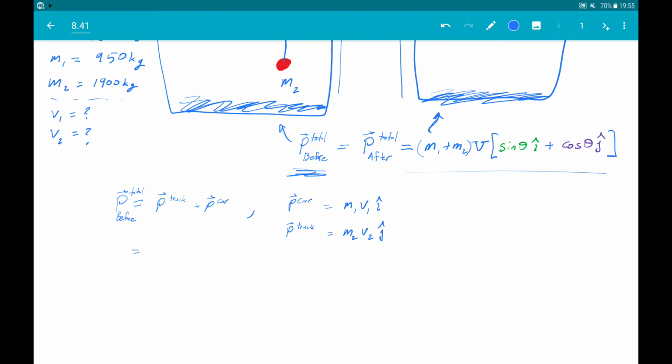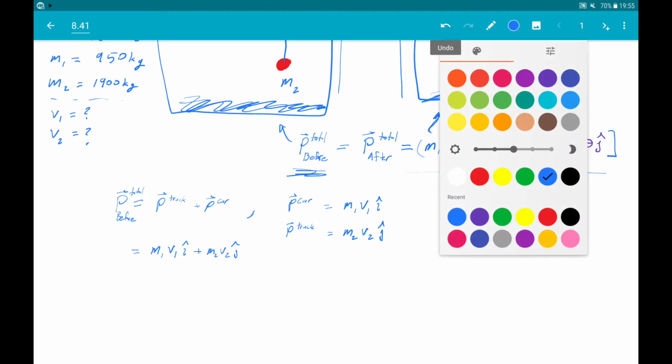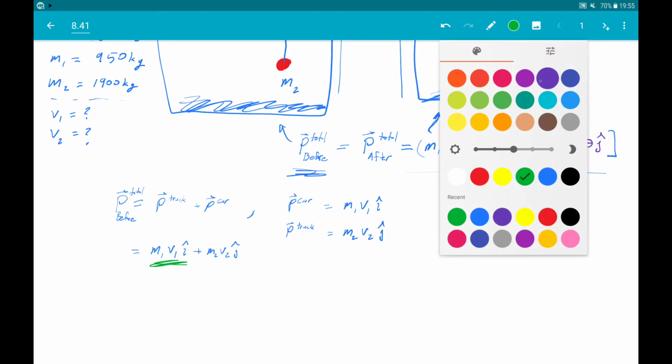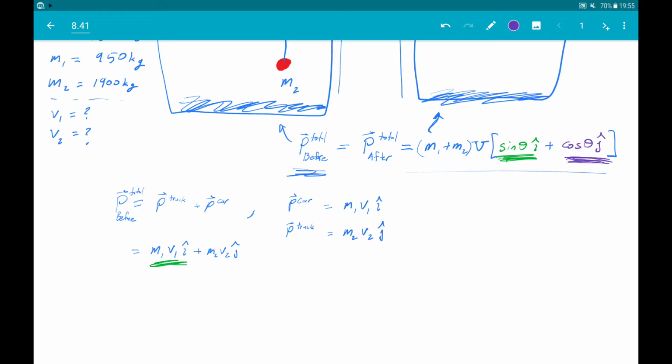So P total before will be m1 v1 i hat plus m2 v2 j hat. So these x components have to be the same, and these y components have to be the same.